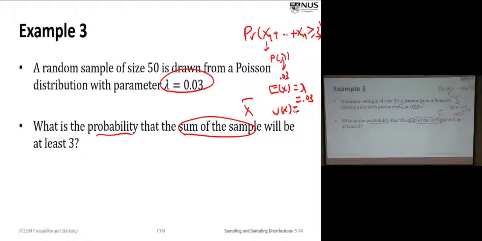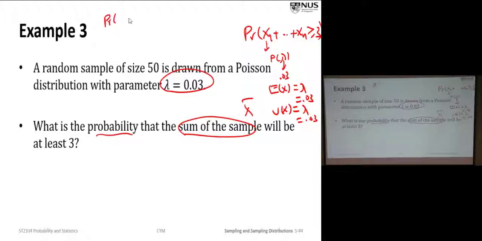Variance of x is also equal to lambda, the same number, so it's 0.03. But we are not asked about the sample mean, but the sum. So here you have to see that there's a one-to-one mapping between the sum and the mean.